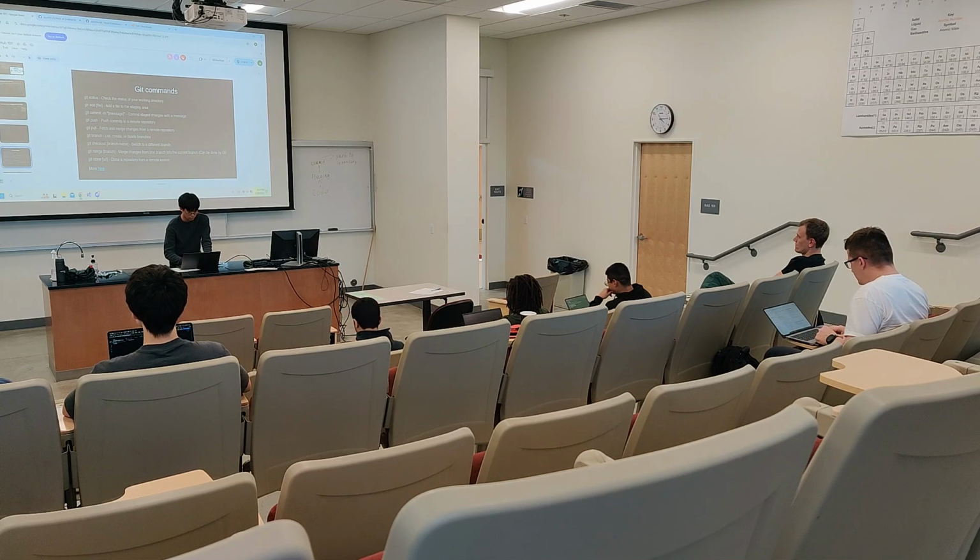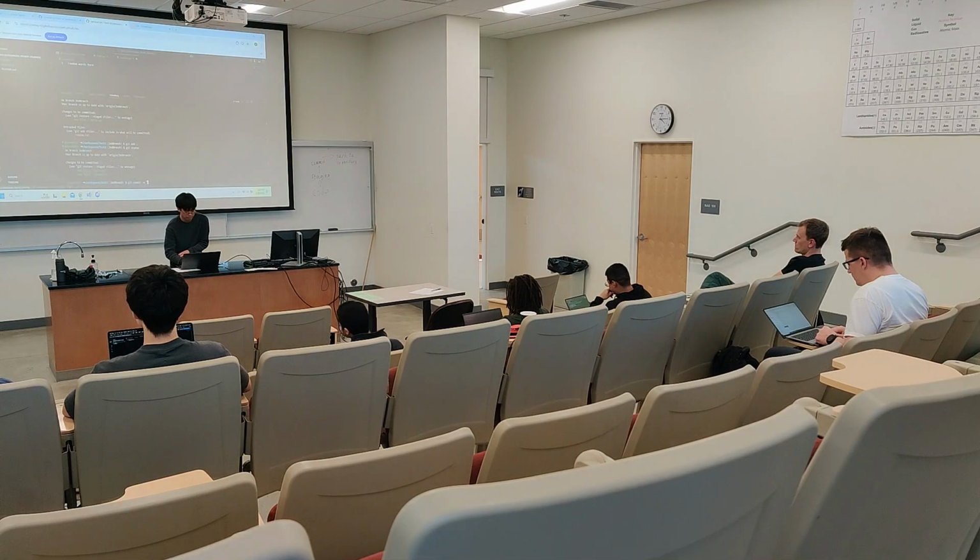So git commit, we could use this to commit our staged changes with the message. So we go back here. We added 2 files. Then we have committed our 2 files.